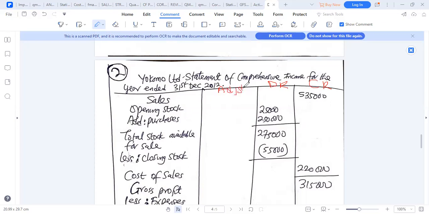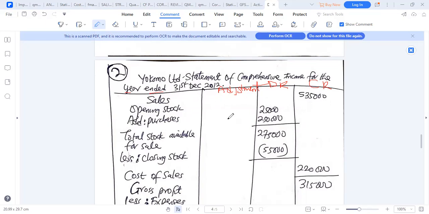So this is what we have concerning this kind of problem. Sales is the starting one. The term to use is "for the year ended." So, the sales: where did we get it from?